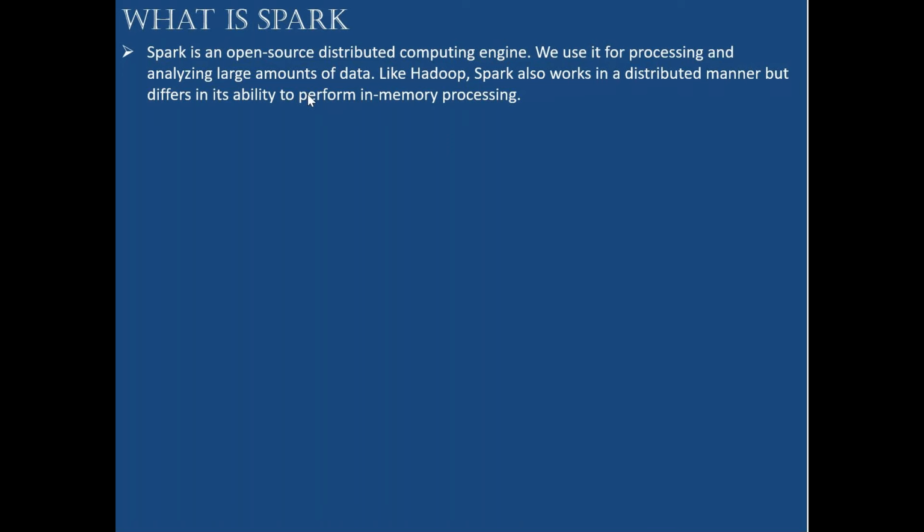Similarly, when you have very huge data, instead of processing it through a single computer, we can do it through multiple computers in a distributed fashion. We can break this big data into smaller tasks. For example, if you have 100 records, you can divide them into four pieces of 25 records each and give them to four computers.